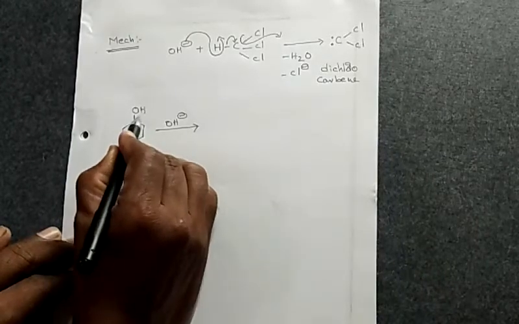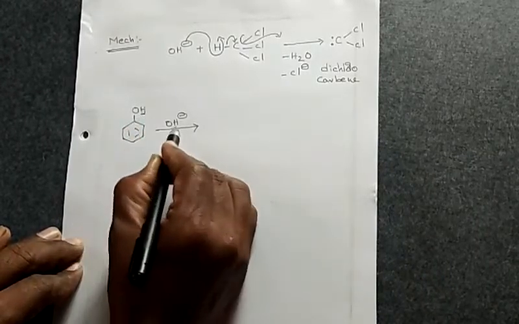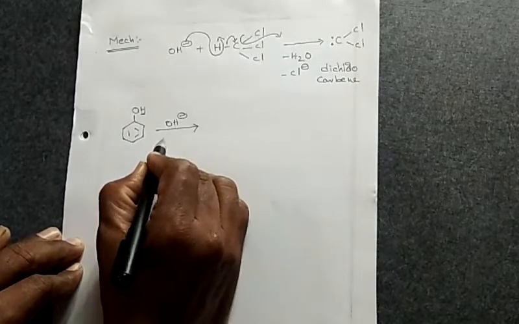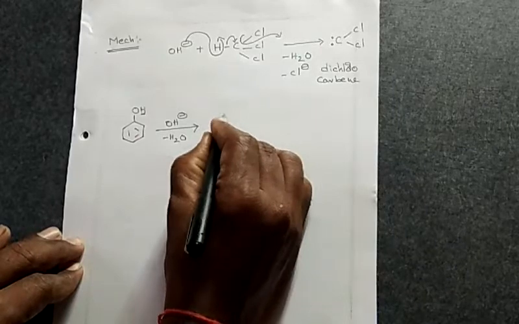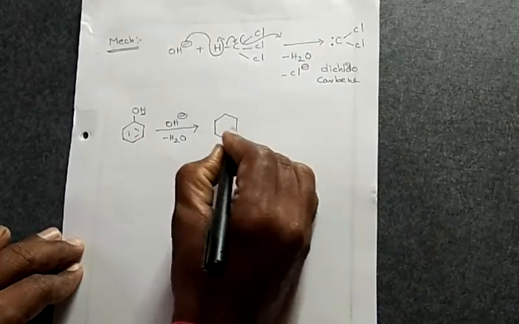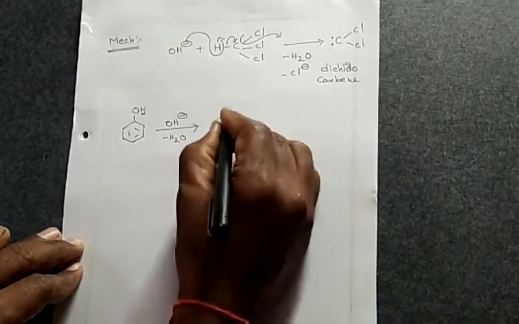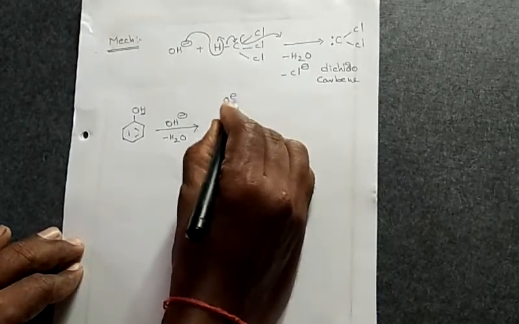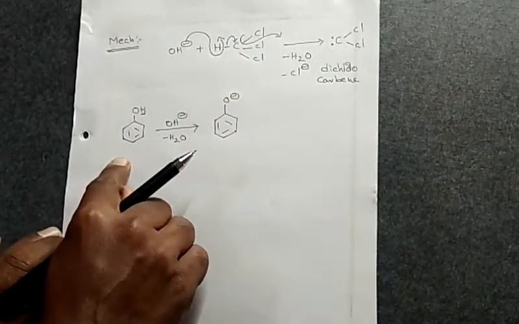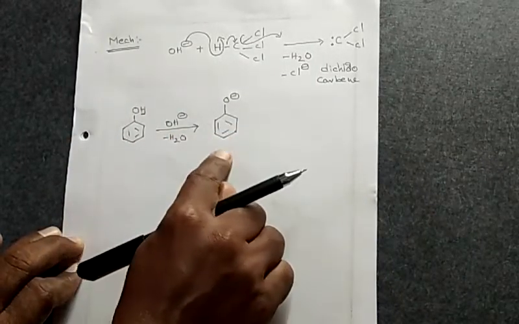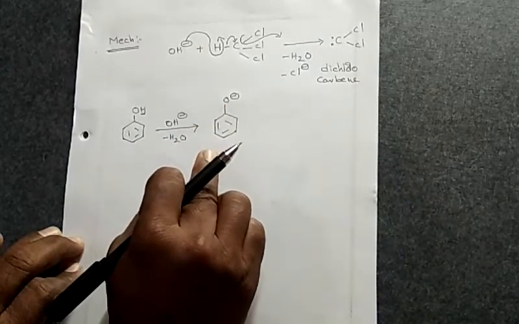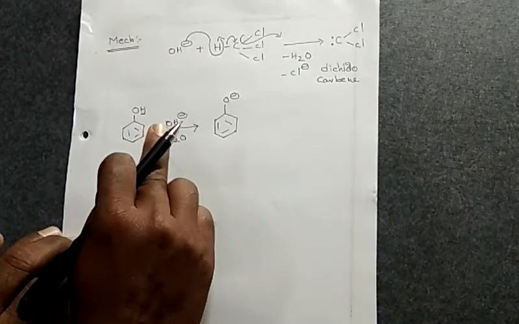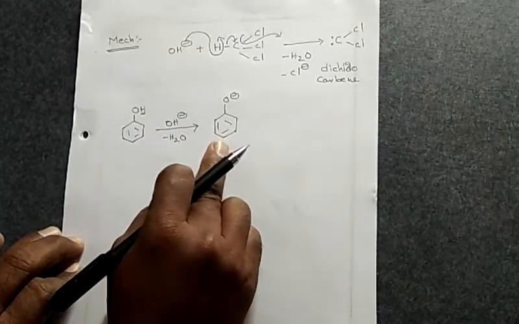So this H plus ion combines with the OH minus of the base and leaves as water, which results in the formation of the phenoxide ion. This phenoxide ion is extra stable compared to phenol itself. We all know this because of the resonance phenomenon. So phenol upon treatment with the base is converted to phenoxide ion.